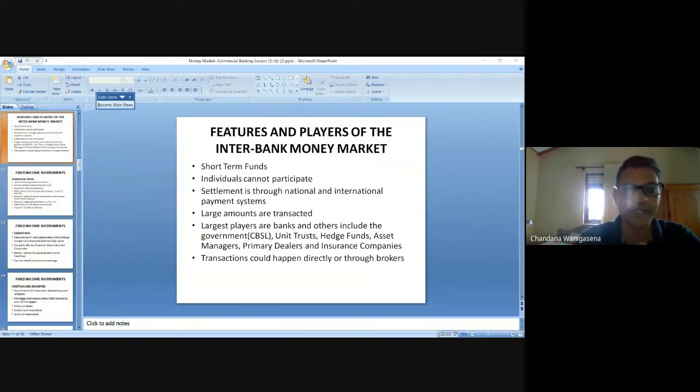Senior means banks also have some securities with the central bank, maybe treasury bills, treasury bonds. So senior in the sense, these debentures are secured by those securities, which are held by the central bank.